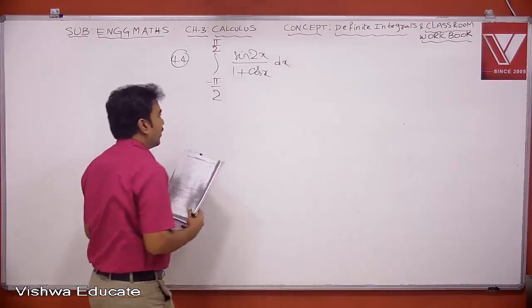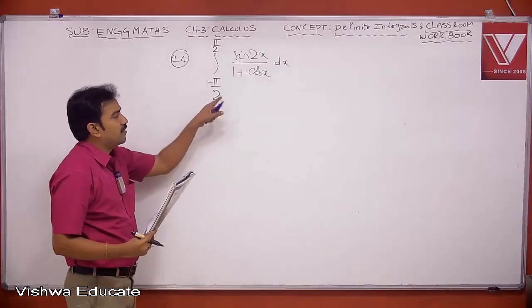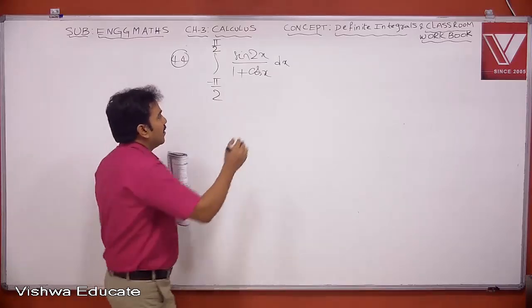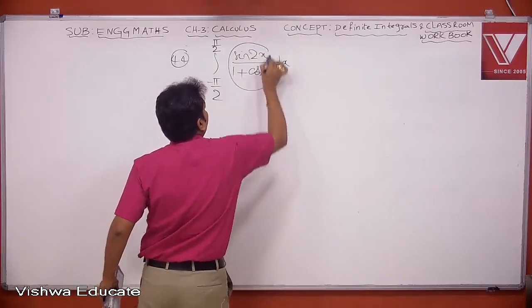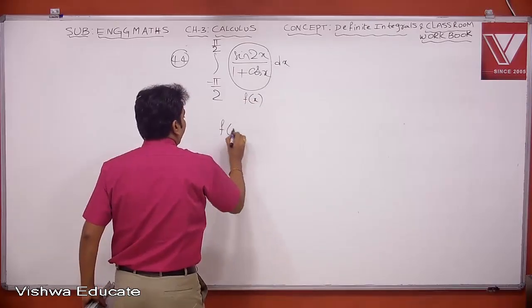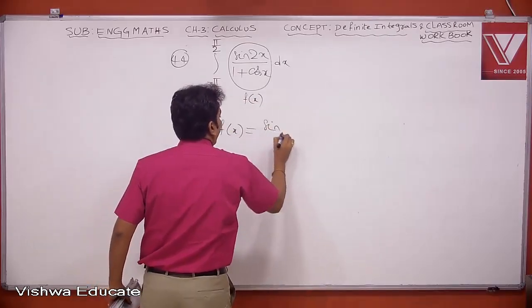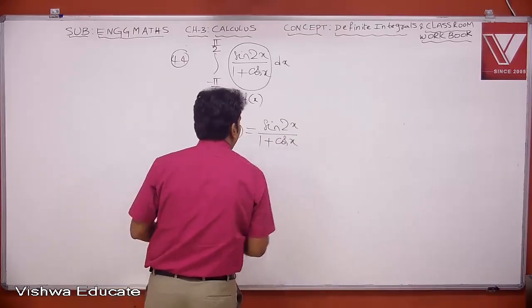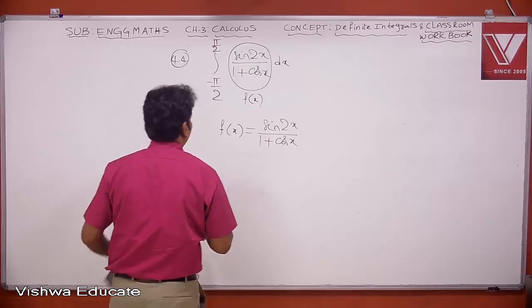Options are given. So we need to find this integral value. This is my function f of x. Now what is f of x? It is sine 2x divided by 1 plus cos x.